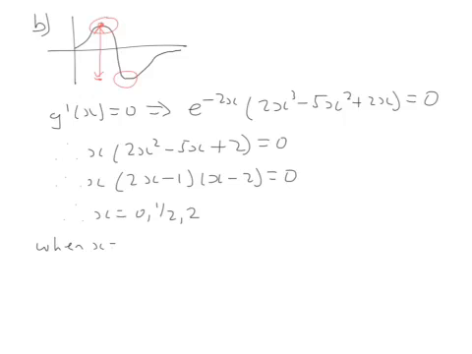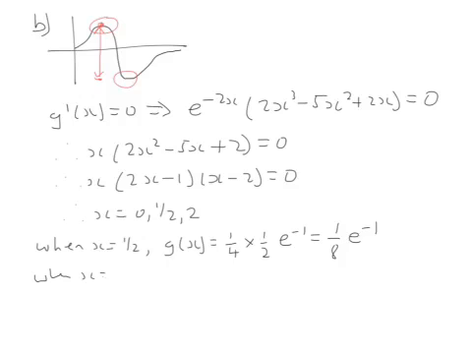So when x equals a half, g of x is x squared, that's a quarter, times 1 minus x, that's a half, and e to the minus 2x, 2 times minus half is minus 1, so that's e to the minus 1. So that's 1/8 e to the minus 1.